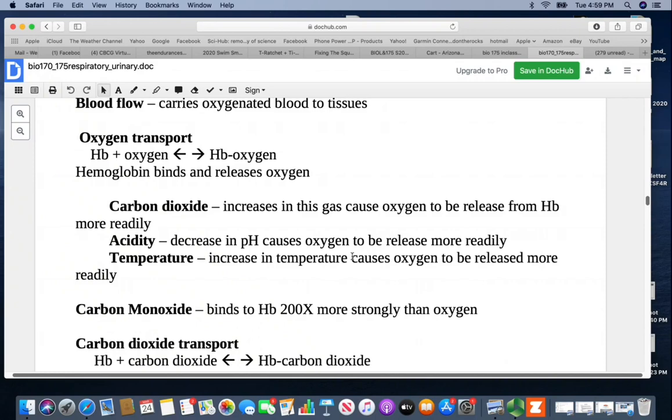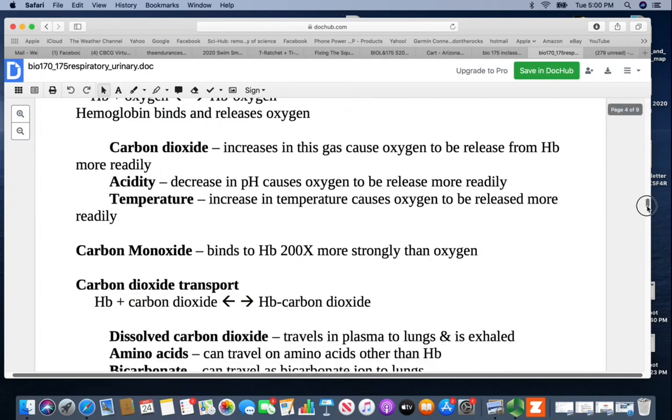Also, as you use a muscle more, it will get warmer, causing oxygen to be released more readily in there. These are really the key reasons why a person would want to warm up to really maximize their athletic performance: it's going to help make oxygen be released more readily into those muscles.